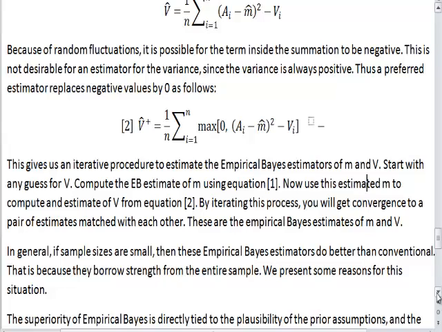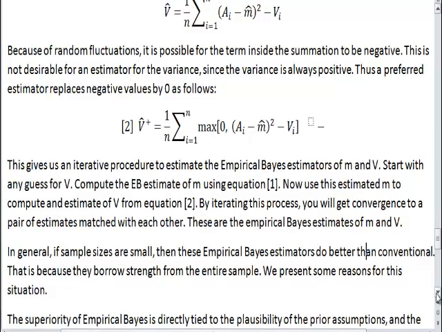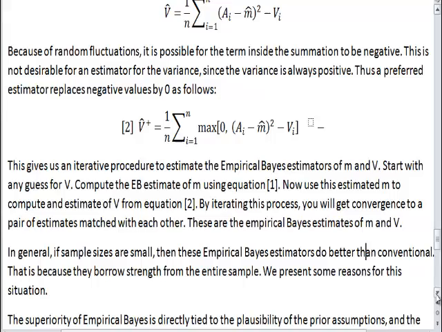Here we don't have the bias, because actually we are just estimating the variance. The variance is directly the expected value of x minus its mean squared.